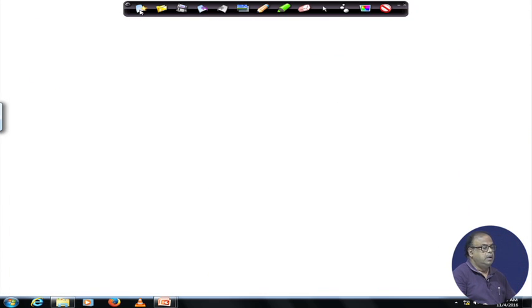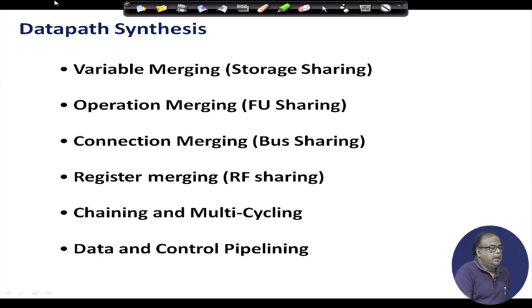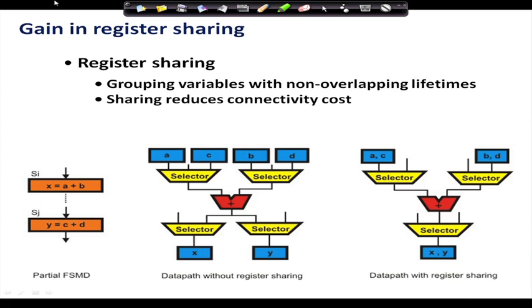So, next we move on. Based on the profiling, we will be doing different steps like storage sharing and functional unit sharing, that we discussed in the last class. We also saw how we can gain by combining registers depending on the liveness of the registers.